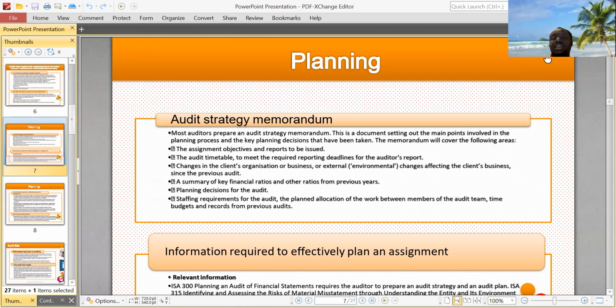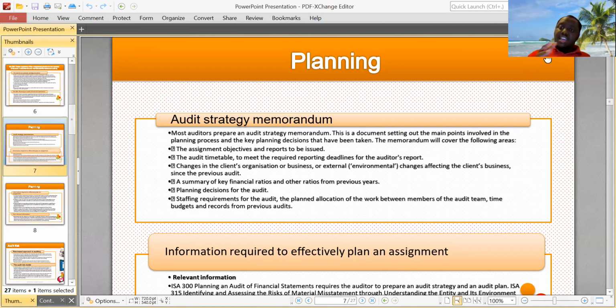Most auditors prepare an audit strategy memo. And remember, we said it's a memorandum, so it's a document that sets out the main points involved in the planning process. This audit strategy memorandum will set that out.